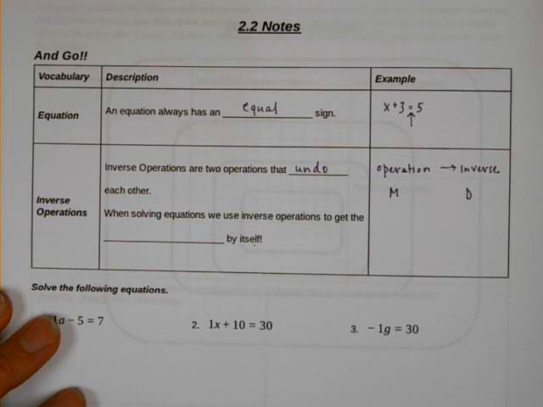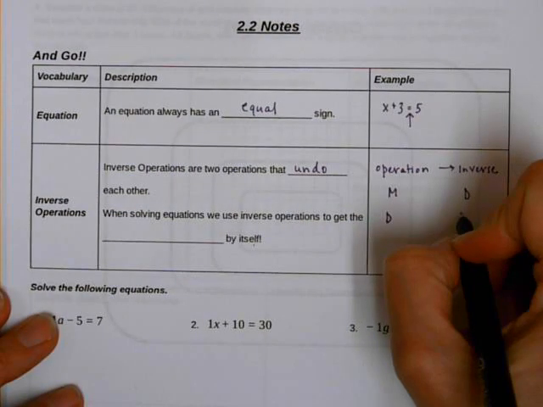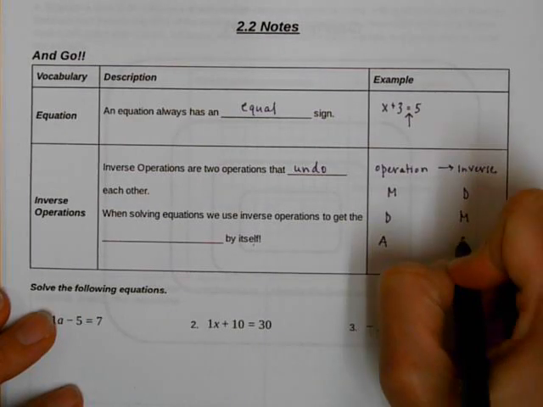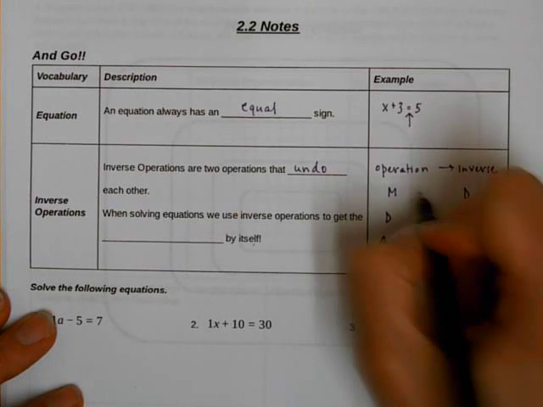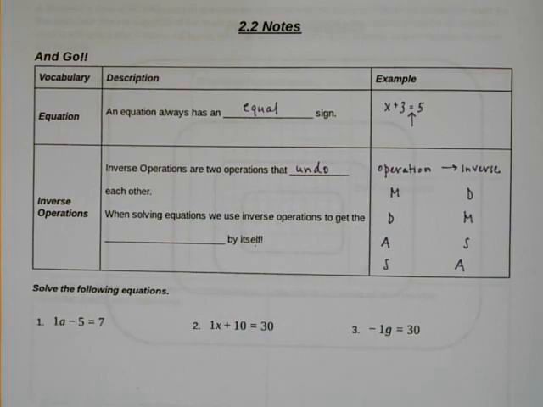And the opposite is true as well. For division, division's inverse is going to be multiplication. So then addition, its inverse is subtraction, and subtraction has an inverse of addition. So those operations will undo each other.